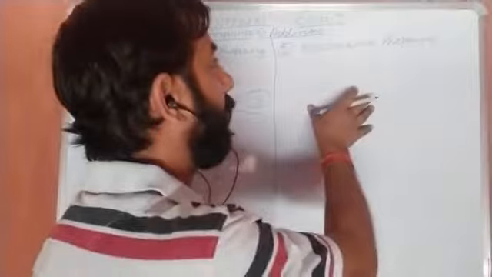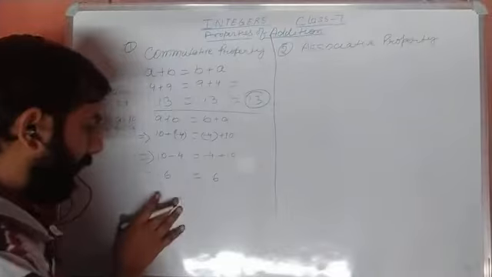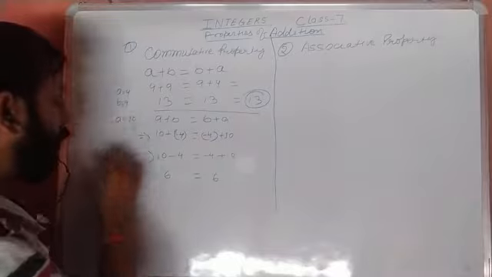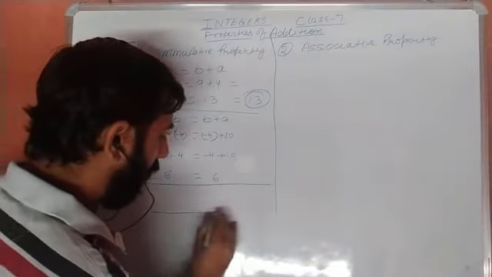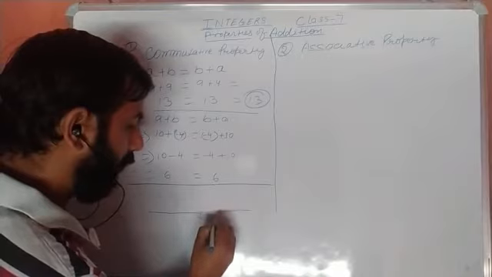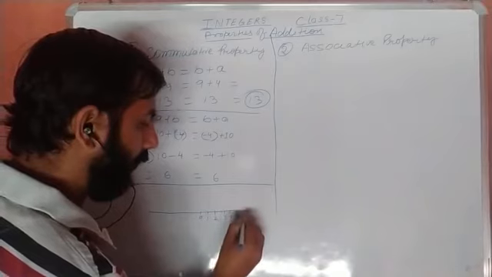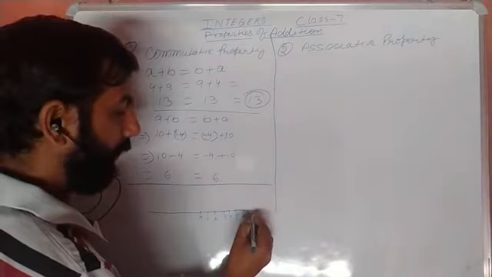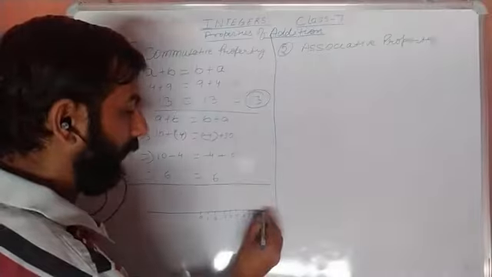Now let's come to the associative property. I am also going to explain on the number line how you will solve it. Suppose this question is given on the number line. I am going to draw a number line. Here is 0, plus 1, plus 2, plus 3, plus 4, plus 5, plus 6, plus 7, plus 8, plus 9, and plus 10.